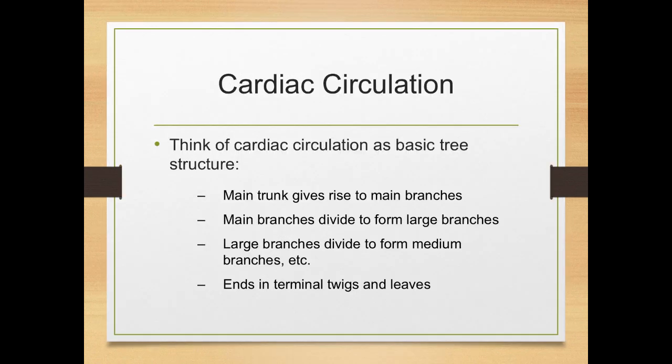What supplies our oxygen for that demand is our circulation. So if we think of our cardiac circulation, these cardiac arteries, think of it as a tree-like structure. We've got a big old trunk. Think of that as your aorta. And then that big old trunk divides into large branches. Those are your coronary arteries.